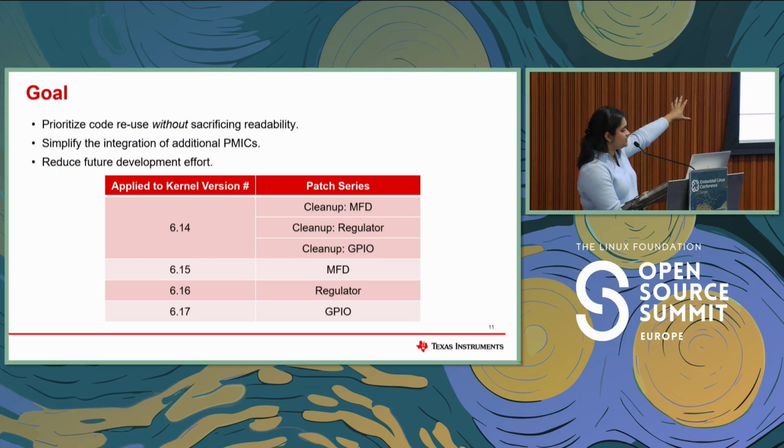And on the left in this table, I really wanted to highlight the patch series that we'll be covering. On the left shows the kernel version that each series was applied in, and we'll be covering 3 cleanup patch series, and then the last 3 rows are series adding in new PMIC support.